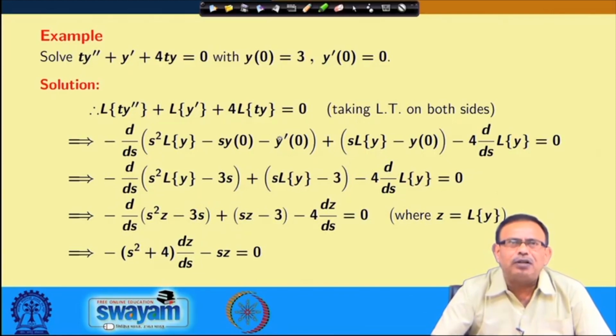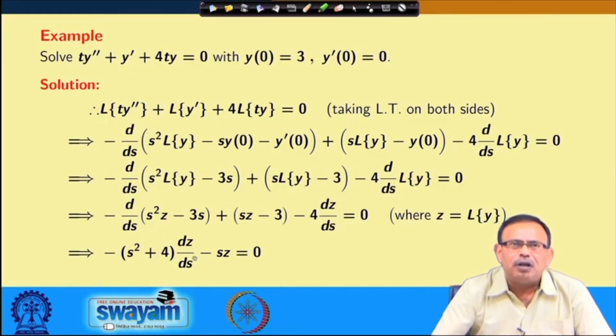But when you have terms like t y double dash, t y dash, t y, then after taking the Laplace transform the ODE is converted into a first order ODE. One order is being reduced in this case. Please note this one.